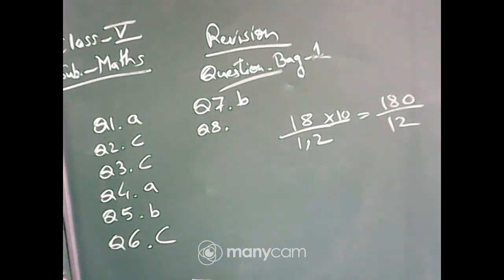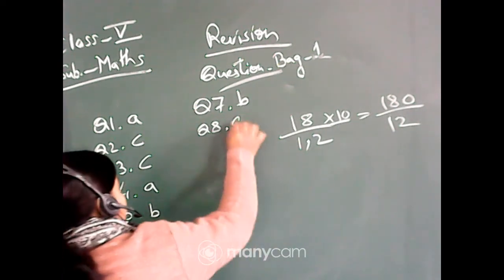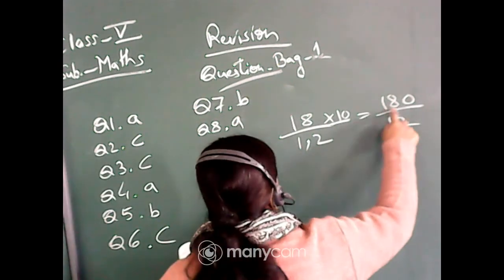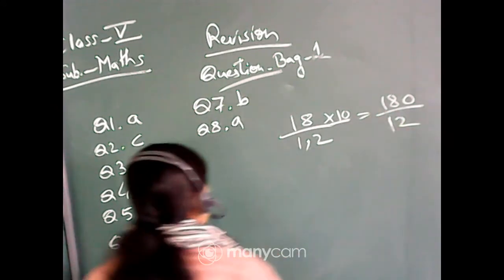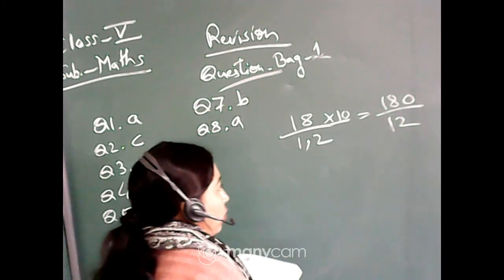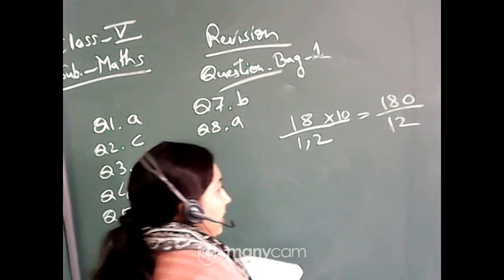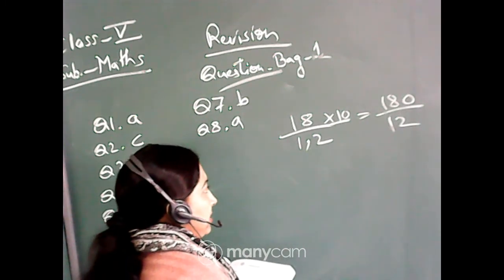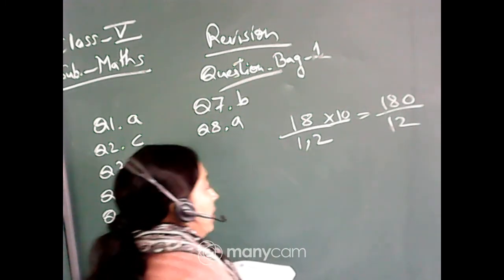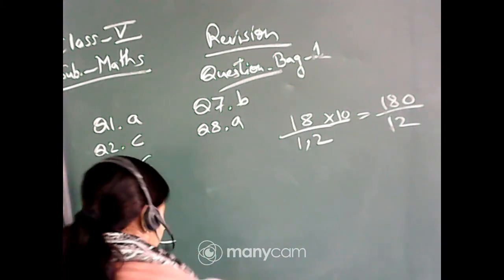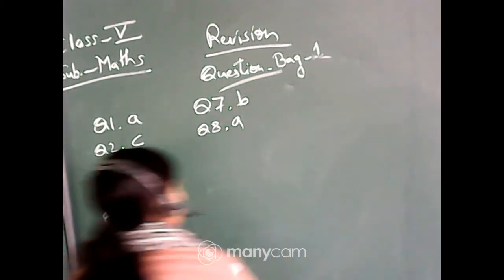The answer will be 15. That means number A. When you are dividing, the 12 goes outside and 180 inside. Ones are, it will give you 12. Then 18 minus 12 is 6. 6 and 0 will come down. 60. That means 5s are 60. So the answer is option number A.